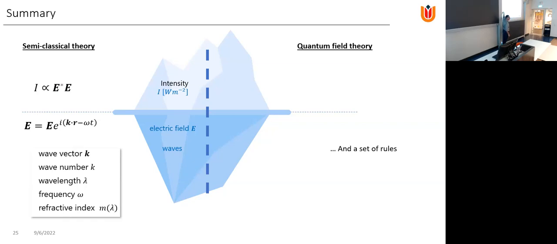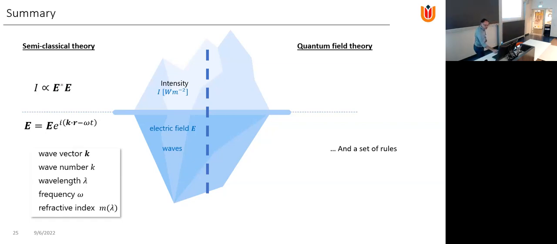We have the wave vector k, which describes the direction, the wave number, which is related to the wavelength, to the color. So k is 2 pi over lambda, and there's a frequency in there. If you have material, there's a refractive index in there that tells you how much the speed of the wave is reduced compared to vacuum if it travels in the medium.